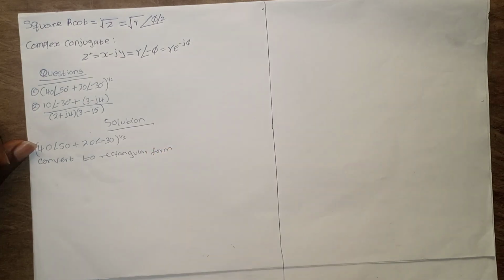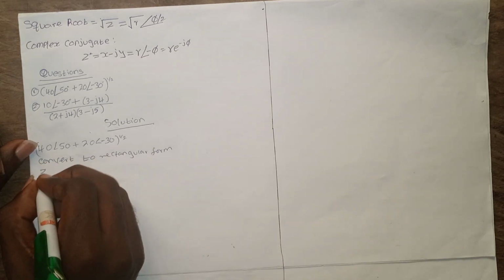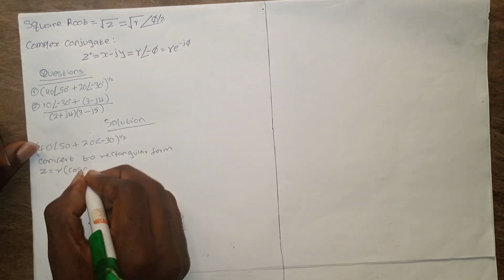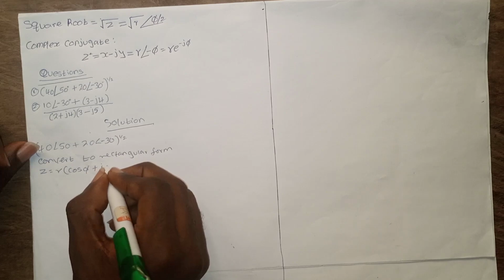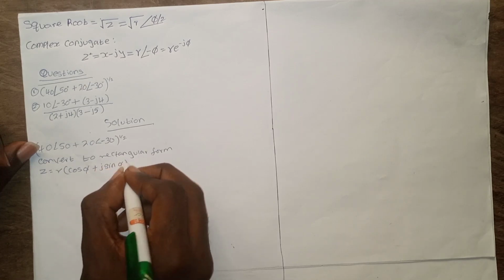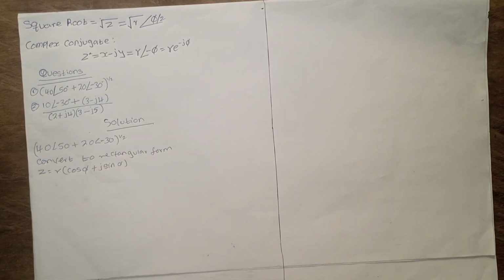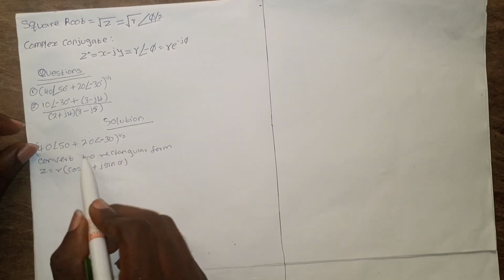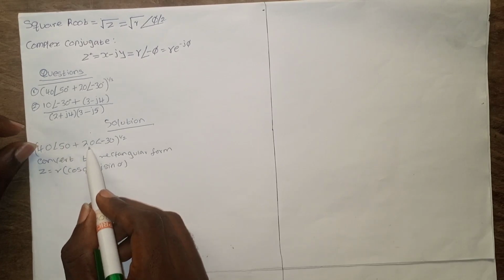So by converting to rectangular form, the formula that we learned in another class is equal to r into cos phi plus j sin phi. So this is the formula we are going to be using to convert back to rectangular form. We have to convert these two. This one here is the r and this is the angle.